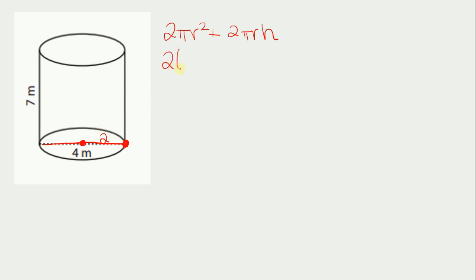So I'll go 2 times my pi, which is 3.14, times my radius squared, so that would be 2 squared, plus 2 times 3.14 times my radius, 2, times my height, which is 7 meters tall.